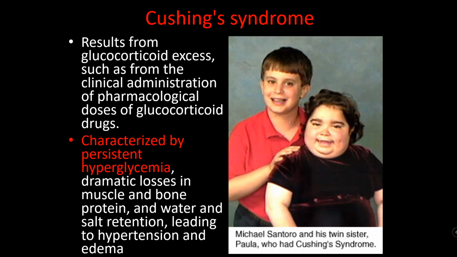So the person will produce too much cortisol and too much aldosterone. So the symptoms are going to involve both of those hormones. And so it's going to play around with their sodium levels, which is going to play around with their water retention, which is where the edema comes from. It's also going to play around with their blood sugar levels, which is where the hyperglycemia mentioned on this slide comes from. So here in this case, this little girl here, she has Cushing syndrome.